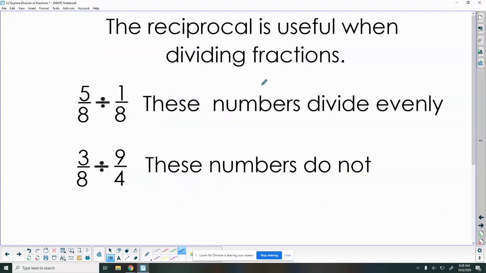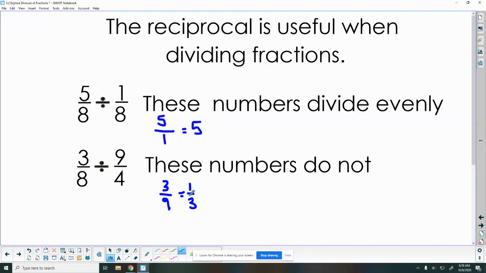So let's take a look at when we would use this. Some of those problems when we were dividing worked out great. 5 divided by 1 is 5. 8 divided by 8 is 1. 5 divided by 1, 5. And everything worked out perfect. They were all nice whole numbers when we divided. 3 divided by 9, though, is 3/9 or 1/3.